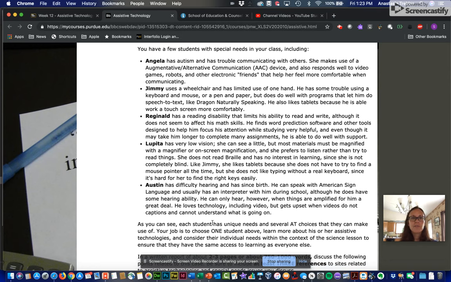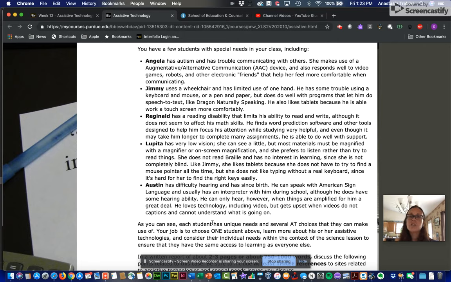So you have 5 different students you can choose from. Again, you only need to choose one, but everybody's got their own thing that's going on. So Angela is autistic. She has trouble communicating. She uses an AAC device, which you may have learned about in the last couple of weeks, but it's a device where students have a touch panel of some kind in order to show others what she's thinking.